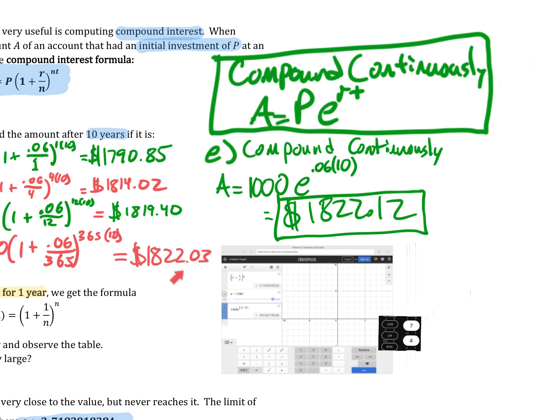Well, the interest isn't that much bigger than 365 days a year. If we got interest once per day, you'd have $1,822.03 after 10 years. If you got interest every millisecond of every day, and that'd be continuously, we get $1,822.12. So 9 cents more than that.